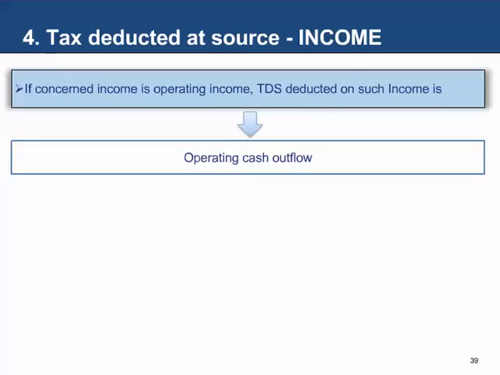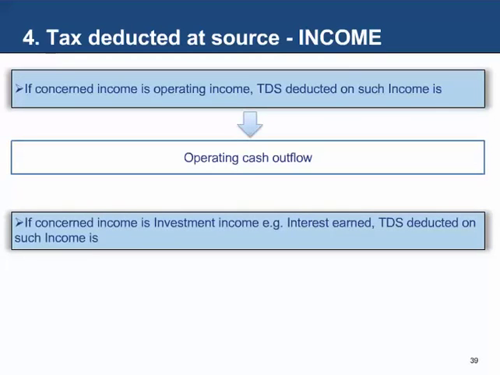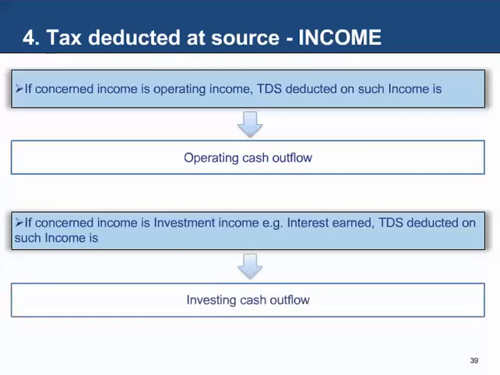However, if the concerned income is investment income, for example interest earned, TDS deducted on such income is investing cash flow. Thus friends, if an entity has made an investment in debentures, then any interest earned on them and any TDS deducted on such income would be classified as investing cash flows.